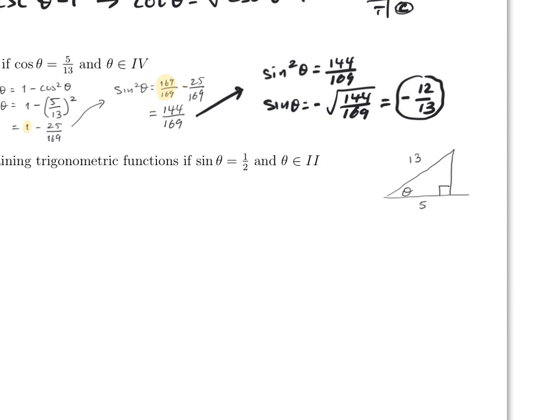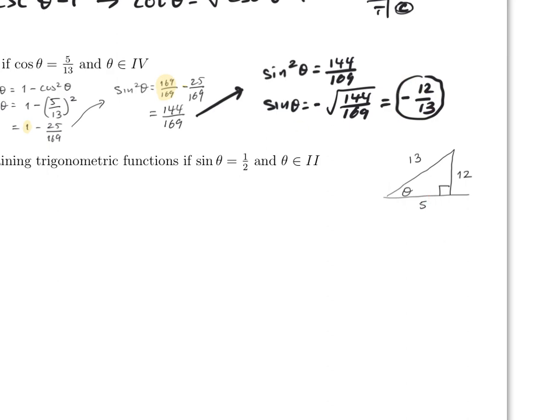This is 13. And if you use the Pythagorean theorem, this is 12. So clearly, sine is just 12 over 13, which is exactly what we got here. Remember, the reason why it's negative is because this is in the 4th quadrant. So the triangle can make things easier to verify.